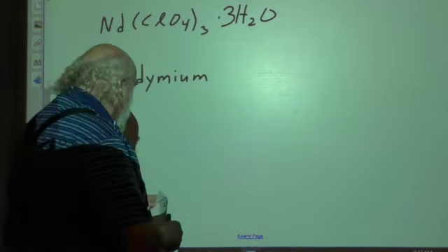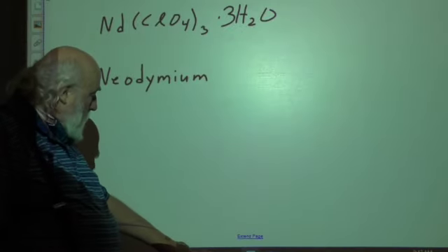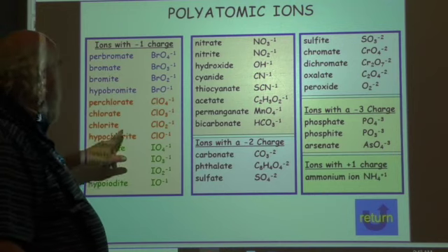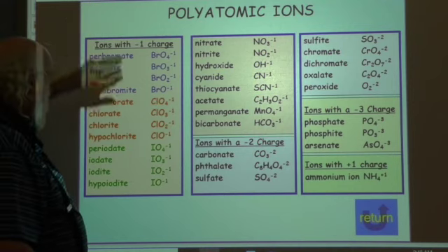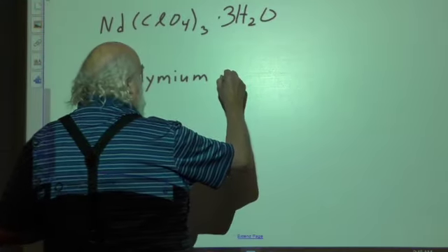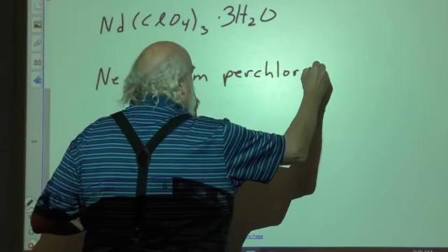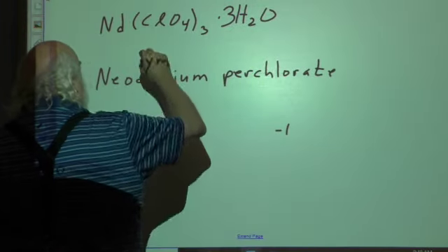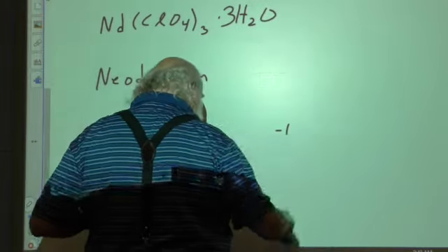This polyatomic ion right here is right there. Perchlorate, ClO4, charge -1. Okay? So this is going to be perchlorate. Now again, the charge for that is -1. Neodymium, we know, oops, I forgot to put the parentheses there because that's the whole point of that.